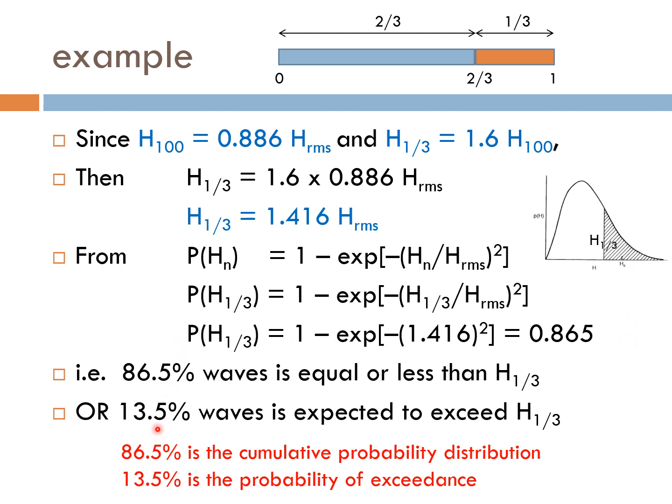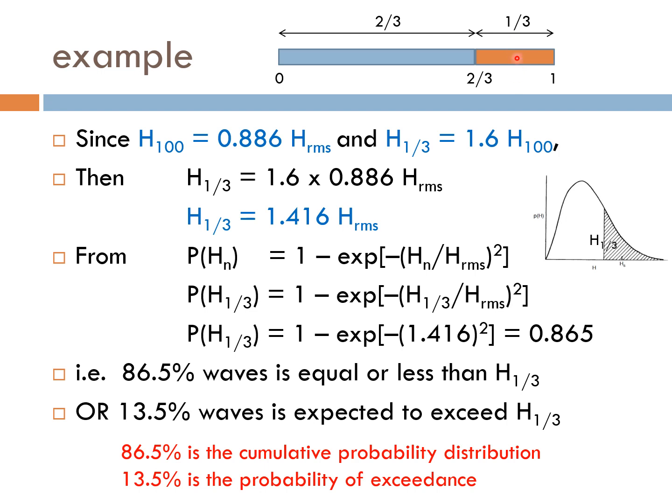But meanwhile, I also want to highlight these two values here. We have H1/3 and we have this 13.5%. Remember that if we have a complete record, we get H1/3 by taking the highest 1/3 of the waves and averaging it out. Now, if we take the highest 1/3 of the waves and average it out, the average value should be somewhere here, in the middle of this 1/3.